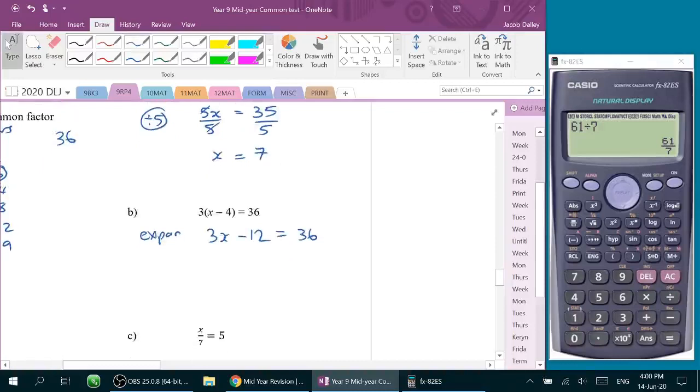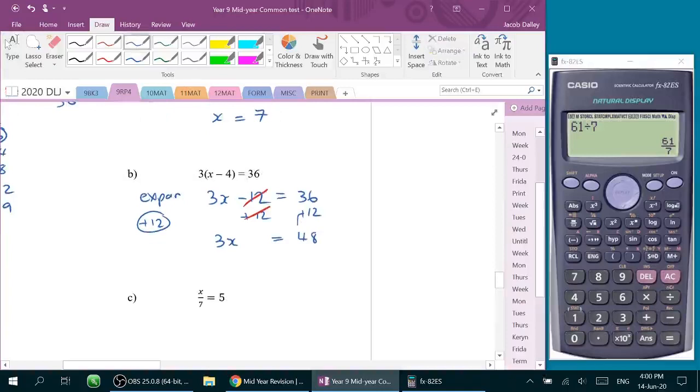And then we're just going to do the same process. So we're going to add 12 to both sides. So there's our plus 12, plus 12. Oh, that didn't come out very good. Will leave us with 3x equals, so those cancel out. 36 plus 12 is 48.